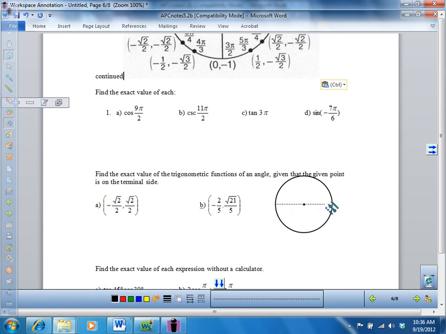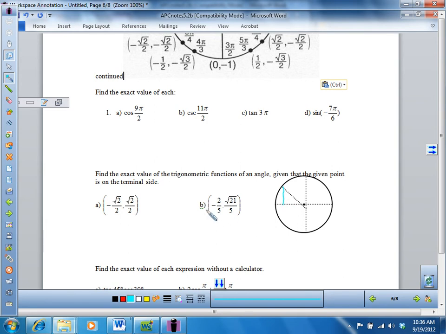Which quadrant would I be in if it's negative x, positive y? Second quadrant. I'm in the second quadrant. So if I were to draw this up here, it's some ray up there. That's really sloppy. I'm just going to keep it like that, okay? So this is what I would do.